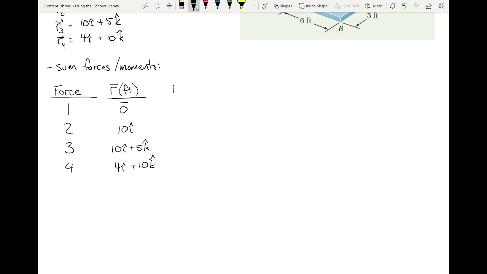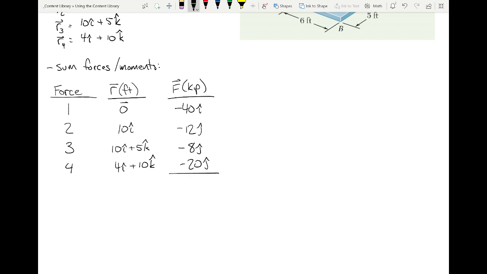And then the F vectors, which are in kips. So this is negative 40i, negative 12j, negative 8j, negative 20k, or negative 20j.